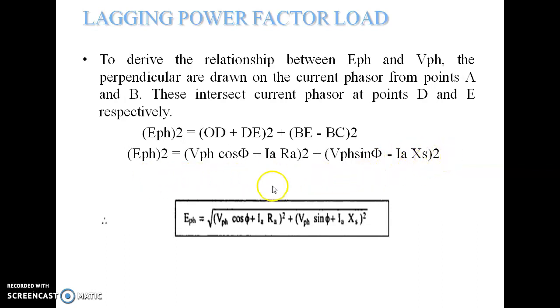This is the formula for no load generated EMF EPH in the case of a lagging power factor load. Later on we will see in which cases it is plus and in which cases it is minus, this sign.